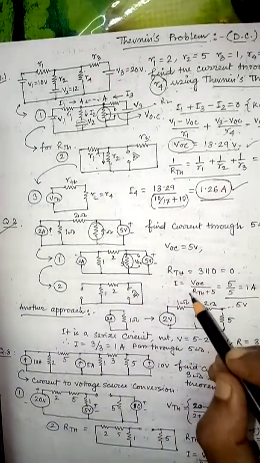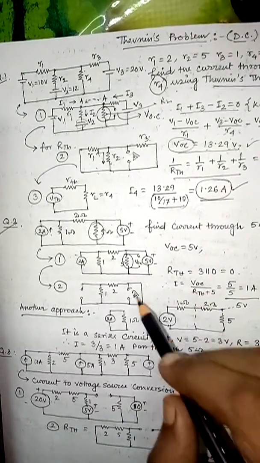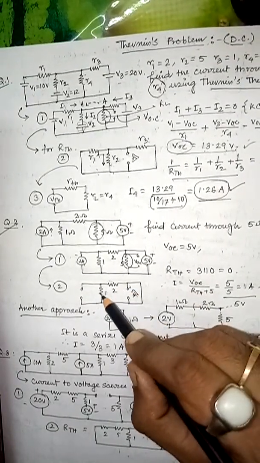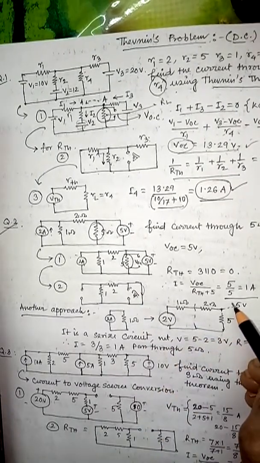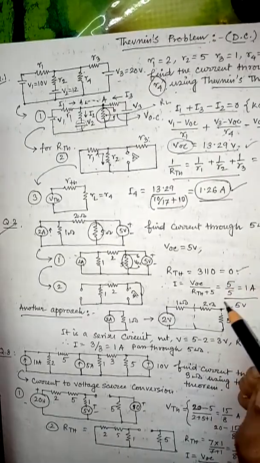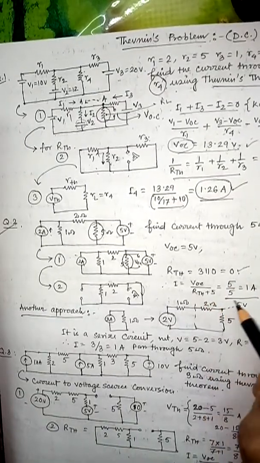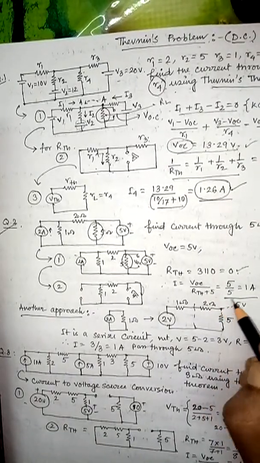So here RTH is basically 1 and 2 in series with this shorted, so it is 0. So finally that is 3 parallel 0, which means RTH is 0. So the final current I equals VOC by RTH plus 5.